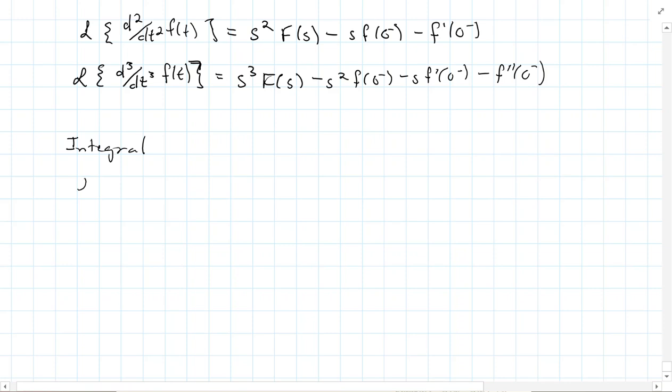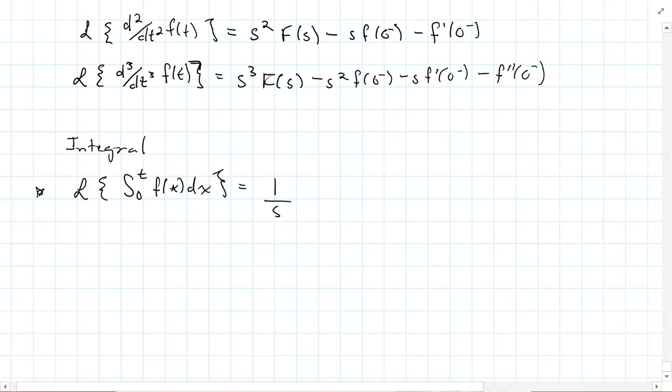So if you look at the Laplace transform of the integral from 0 to t of f at x dx. Now I'm not going to prove any more of these, but I'm just going to write down the results here.